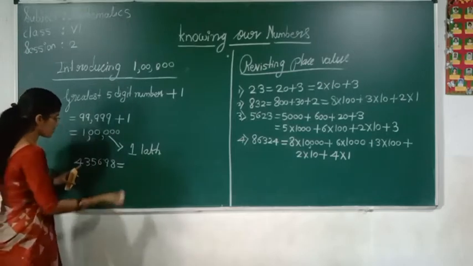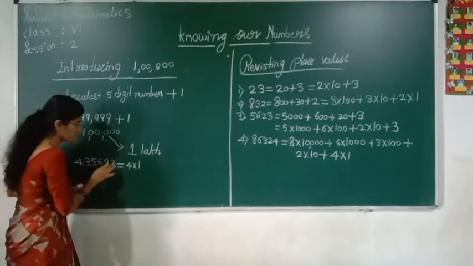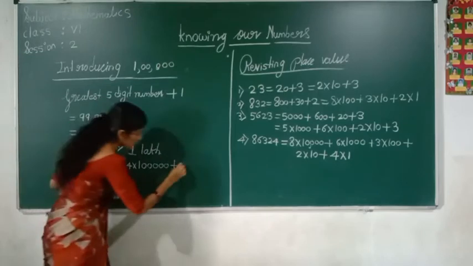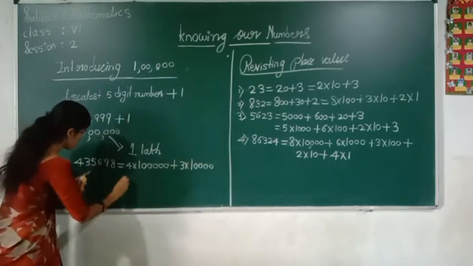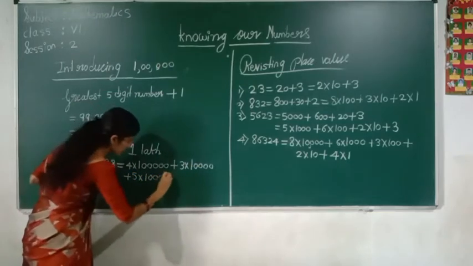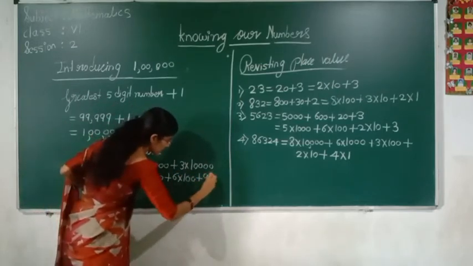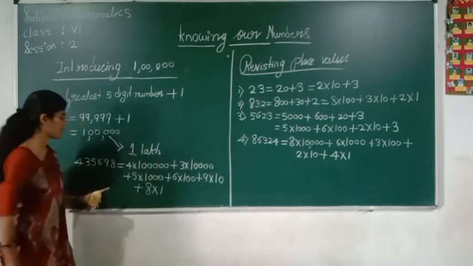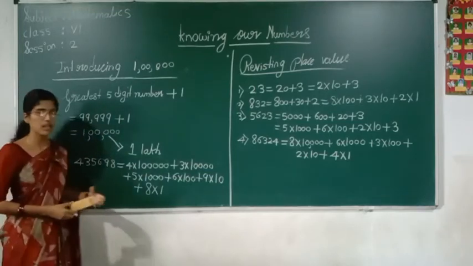This is 4 into 1,00,000 (the number of zeros: 1, 2, 3, 4, 5), plus 3 into 10,000, plus 5 into 1000, plus 6 into 100, plus 9 into 10, plus 8 into 1. So we can expand the 6-digit number also.